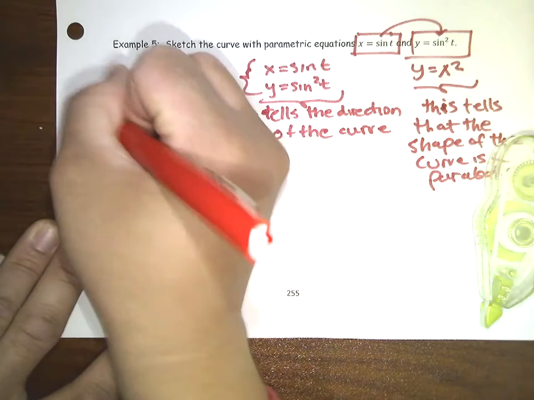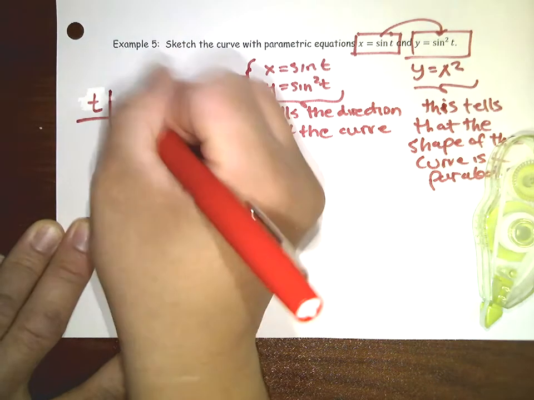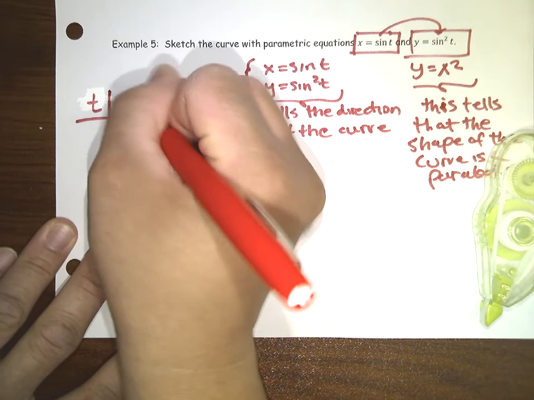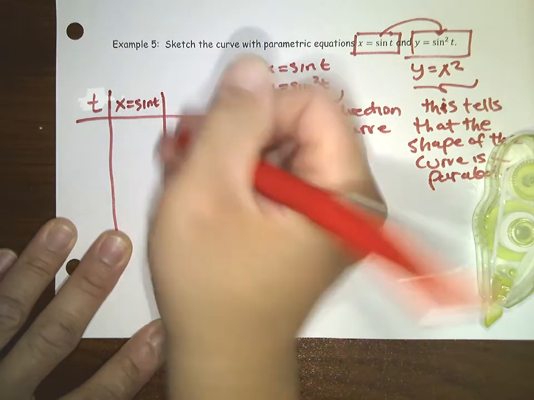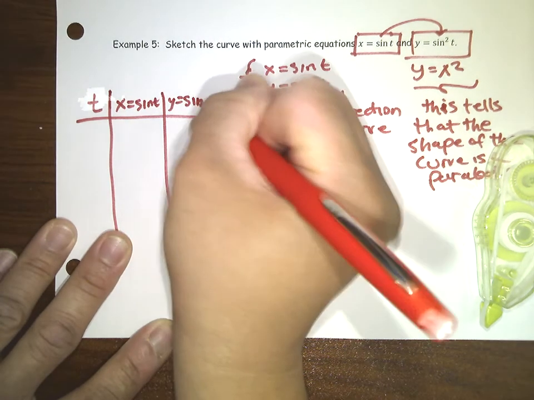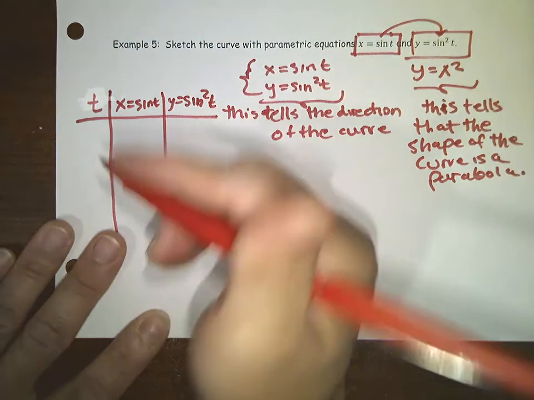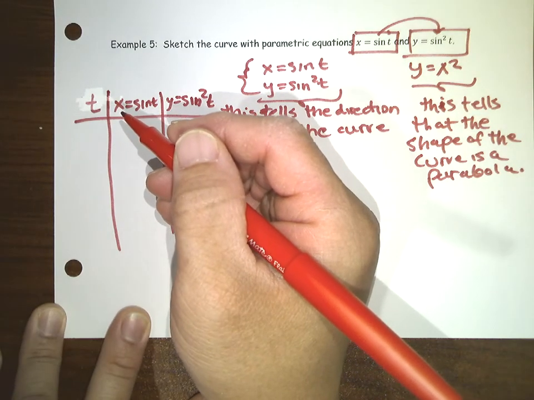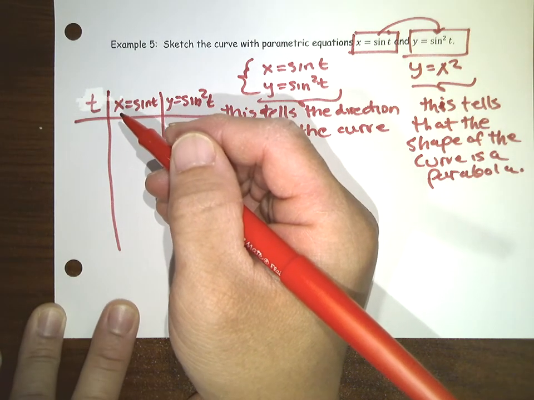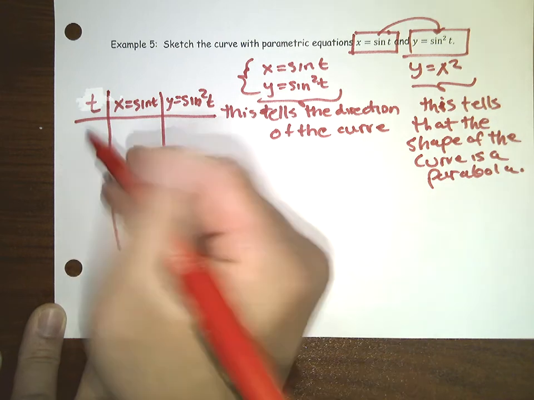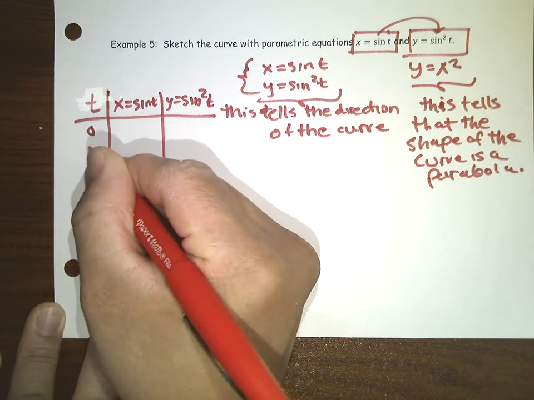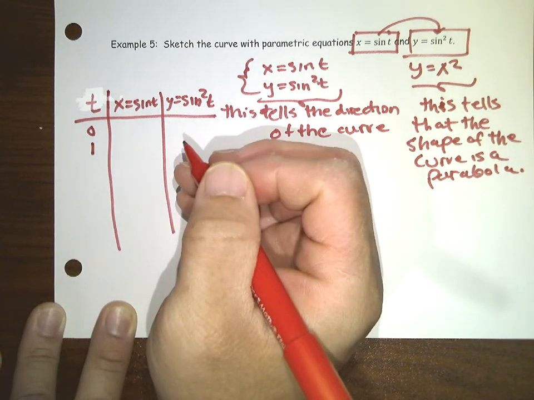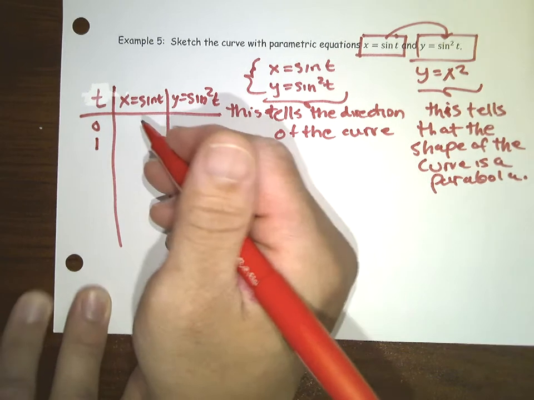So we have t, and then we have an x, which was sine of t, and we had a y, which is sine squared of t. Some values that you might want to pick are 0 and 1, but that might not be the wisest choice because these are trigonometric functions.